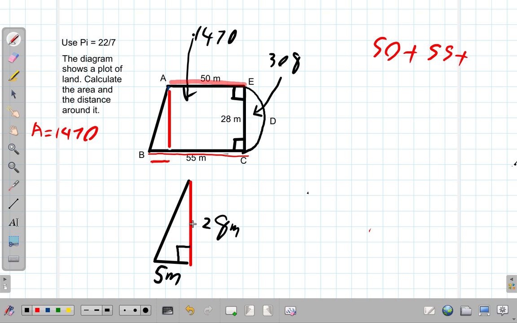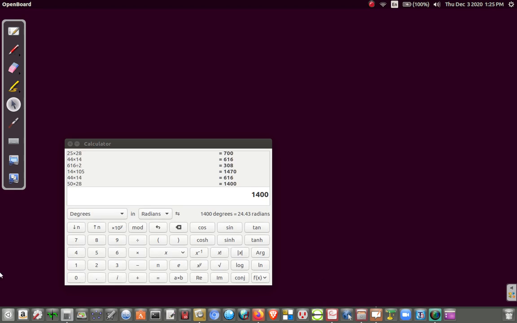You apply Pythagoras theorem, where this is the hypotenuse. What Pythagoras theorem says is that the square on the hypotenuse is equal to the square on one of the shorter sides plus the square on the other shorter side. I said shorter side because remember the hypotenuse is the longest, so each of the other two sides must be shorter. So what you have is 5 squared, 25, plus 28 squared.